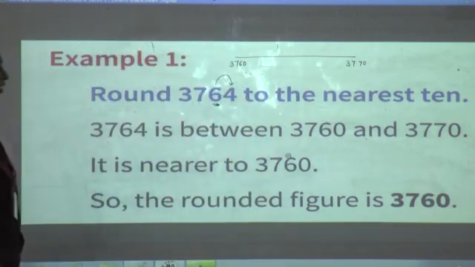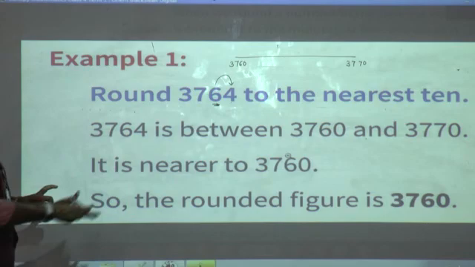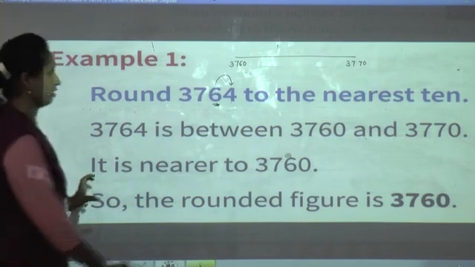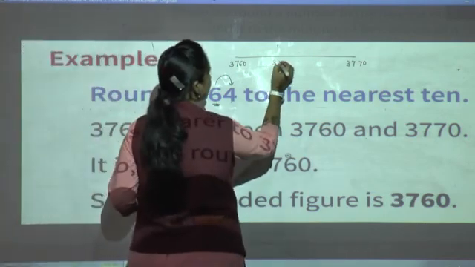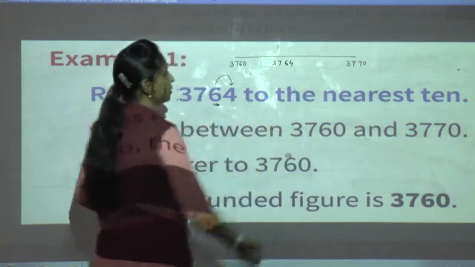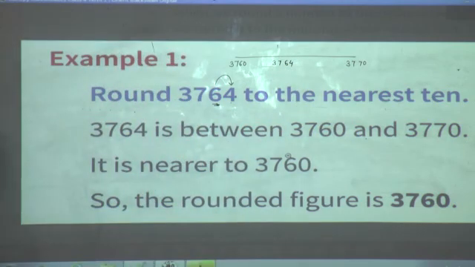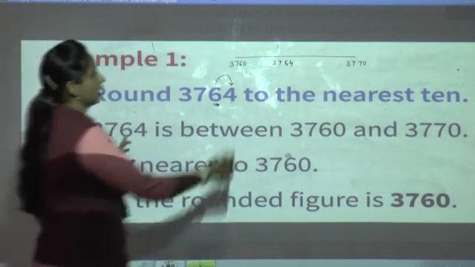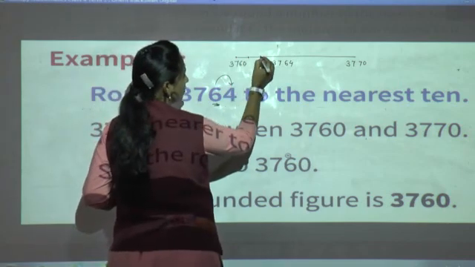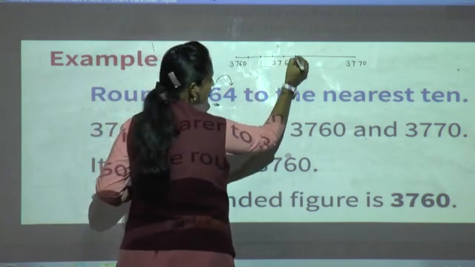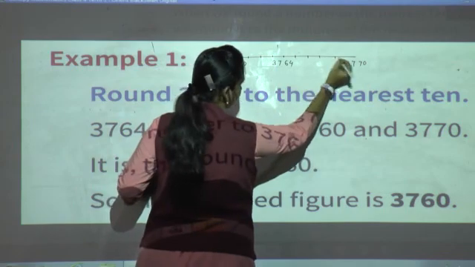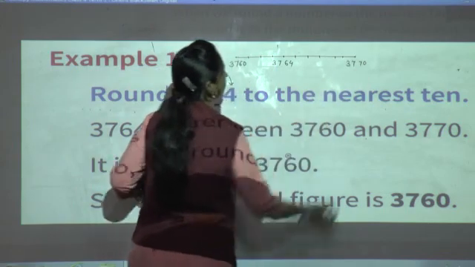Now we have to find which is nearest to 3764. For example, 60, 61, 62, 63, 64, 65, 66, 67, 68, 69, 70.